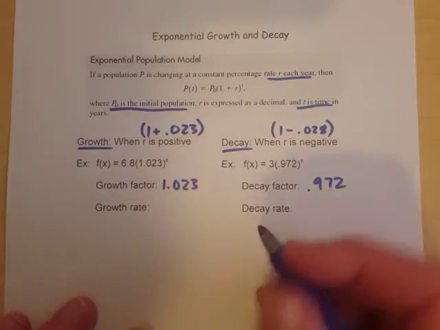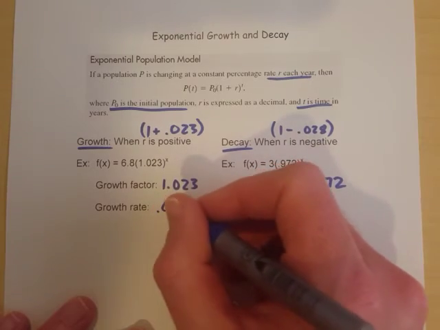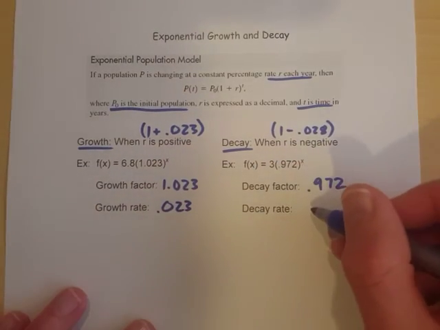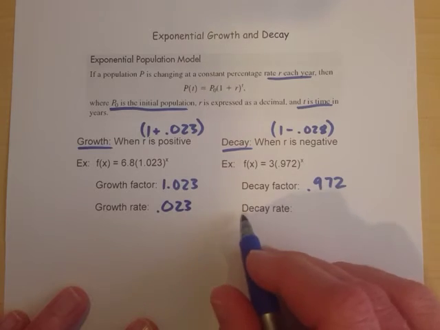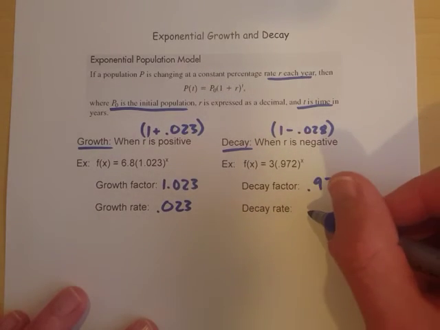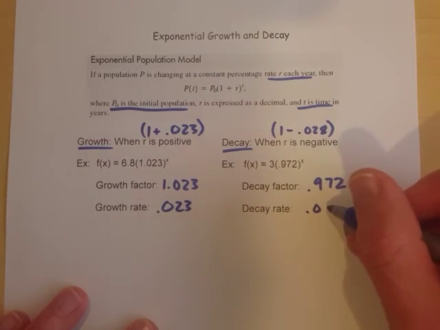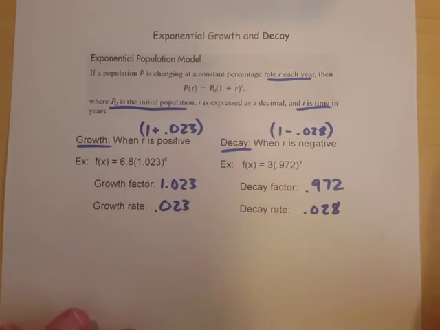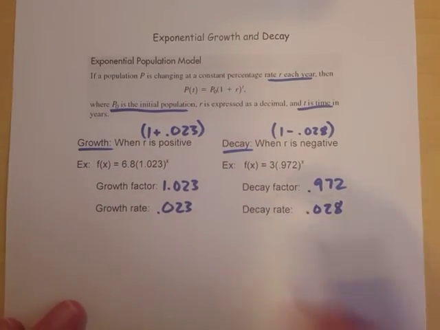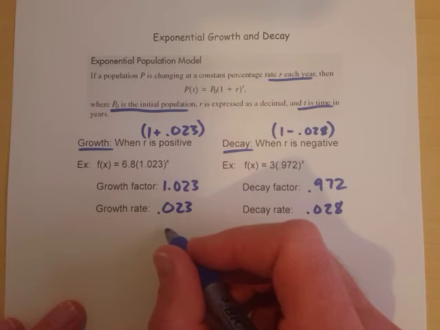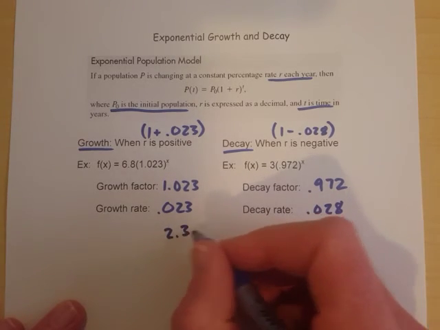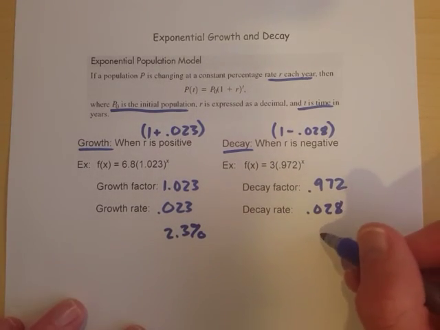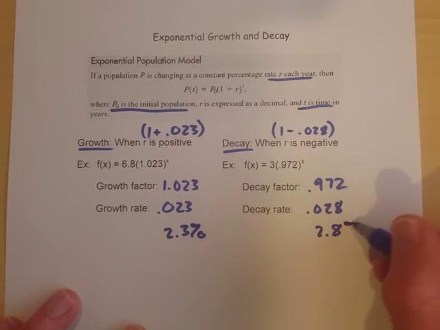But the rate is going to be 0.023 for that one, and the decay rate, since it's got decay there, that already indicates negative, so we can just call that 0.028. If you want to express this as a percent, like always, you just move the decimal over a couple of places. So this would be 2.3%, and this would be a decay rate of 2.8%.